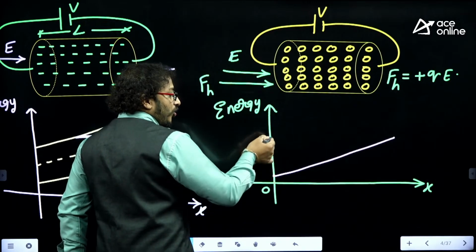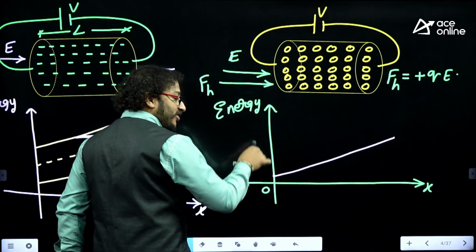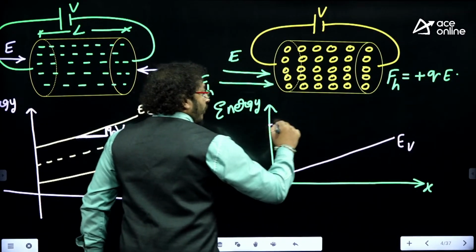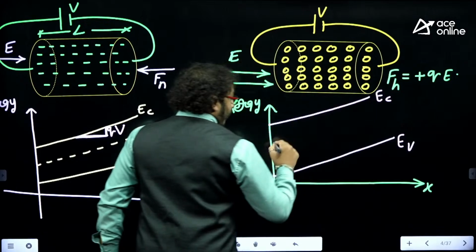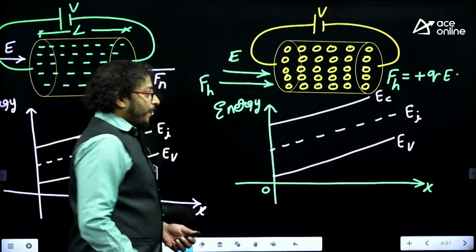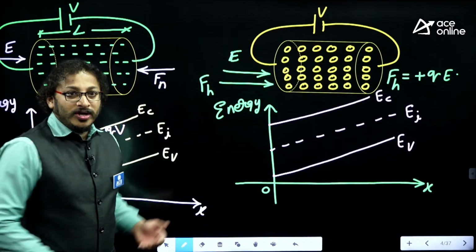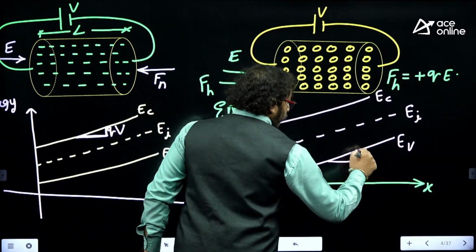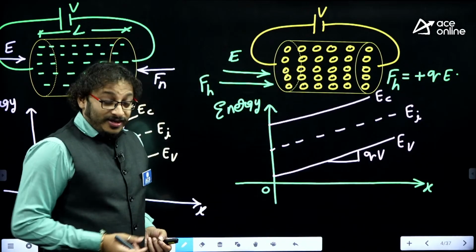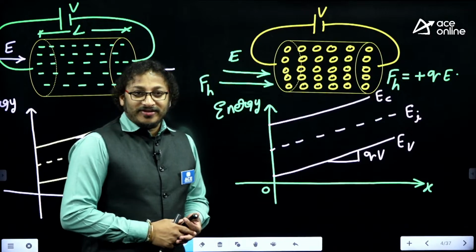So this is taken as EV. It should be parallel to EC, and it should be parallel to what, dear students? EI. That's it, this is the answer we got. And here, note the height of the slope, Q times V. What V is that? The voltage responsible for the electric field.